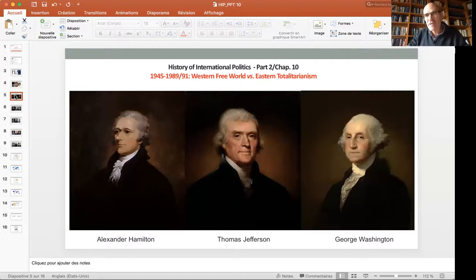I go on quoting the motivations of his proposal. Europe, he said, has a set of primary interests which to us have none or only a very remote relation. Hence, it would be unwise for America to implicate itself by artificial ties in Europe's policy.